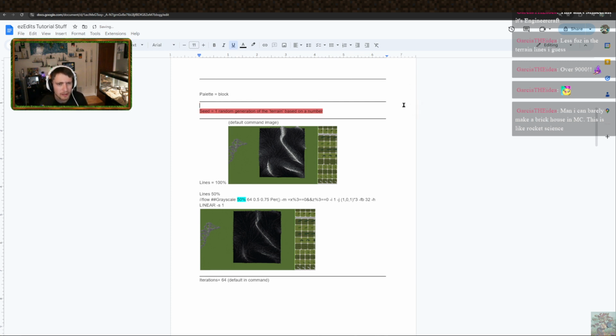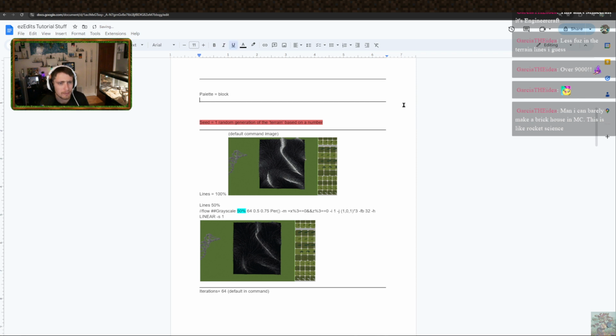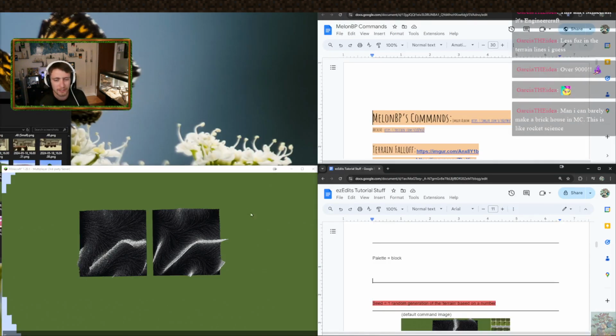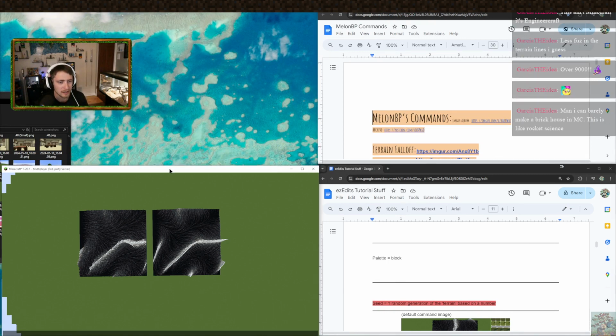These are actually needing to be talked about separately. Palette is stupid, but it does need to be talked about, because you can put more than just a block. You can put hashtag grayscale, which is the default texture palettes that they have, which will result in something a little prettier. I should probably visually show this.